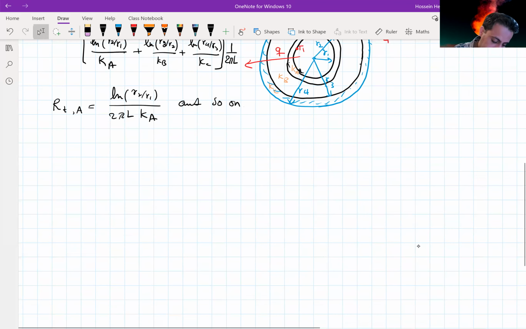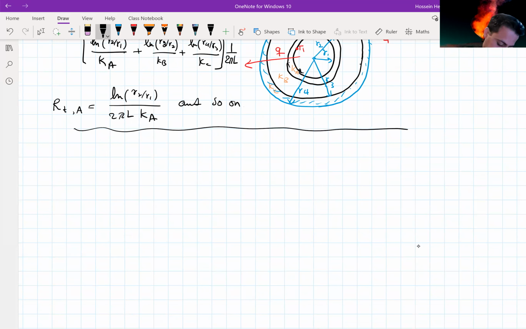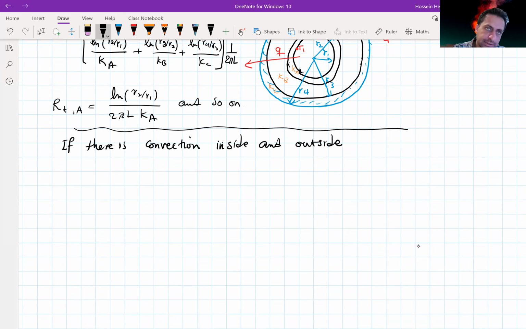So for that case, let's say there is convection inside and outside the pipe, with Hi and Ho as the heat transfer coefficients.